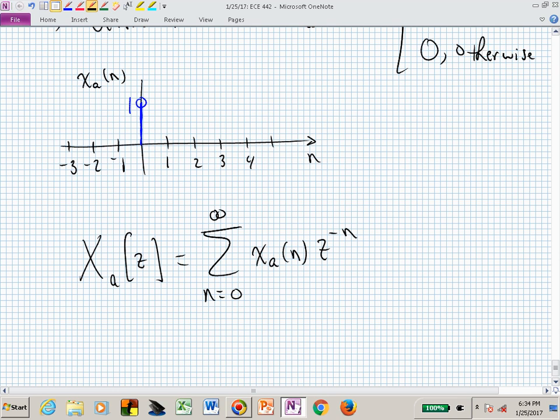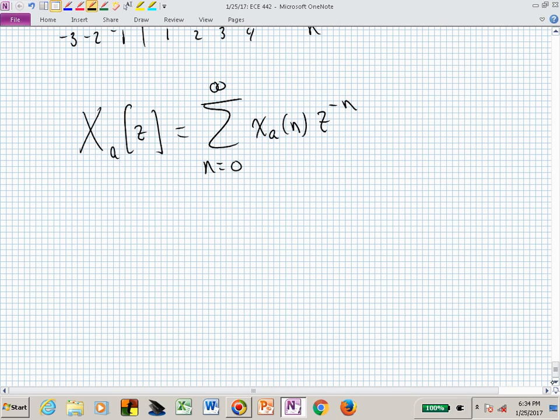Well, in this case, it's pretty easy to just start plugging in values. This is now x sub a of 0, z to the minus 0, plus x sub a of 1, z to the minus 1, plus x sub a of 2, z to the minus 2, etc. But what are these?